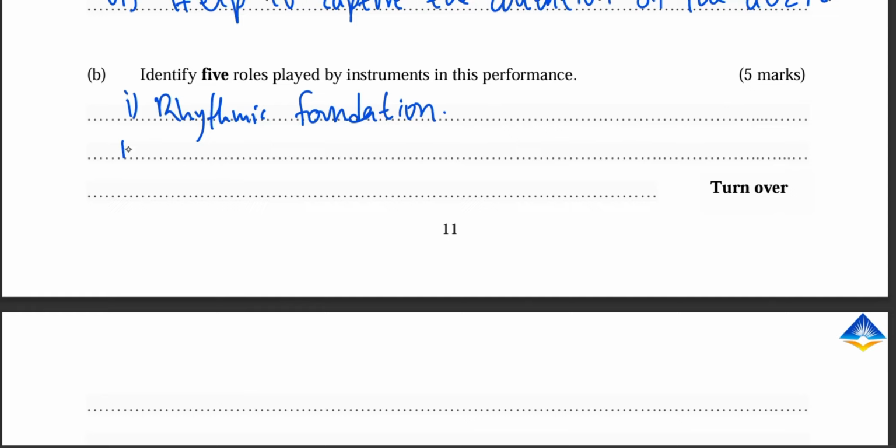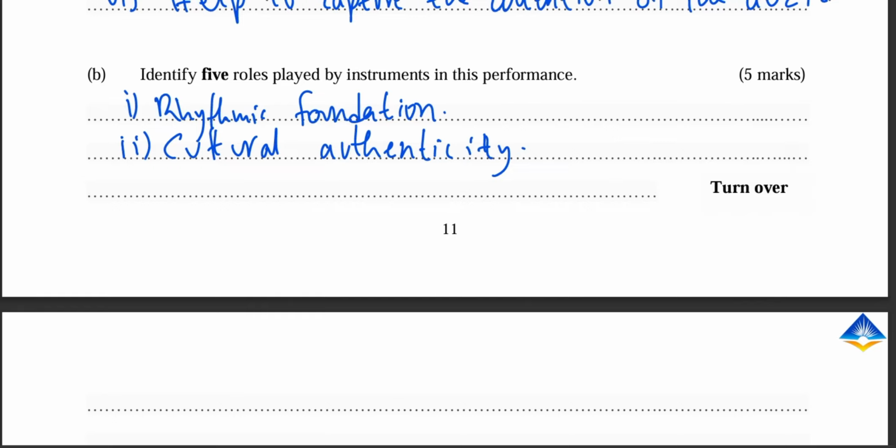Then 2, cultural authenticity. So different instruments are used for different cultures and different songs.